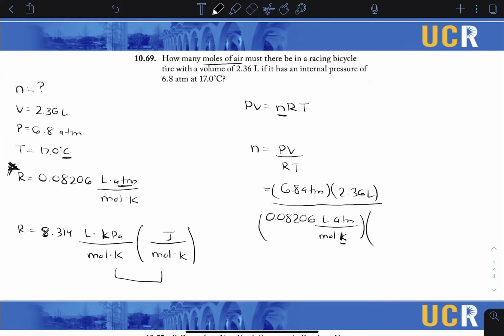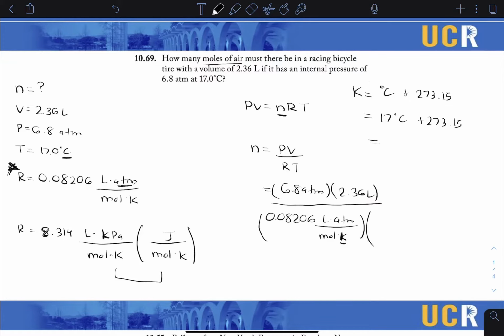So a formula that we always use is Kelvin is equal to whatever the Celsius value is, plus 273.15. So in this case, we have 17 degrees Celsius plus 273.15.